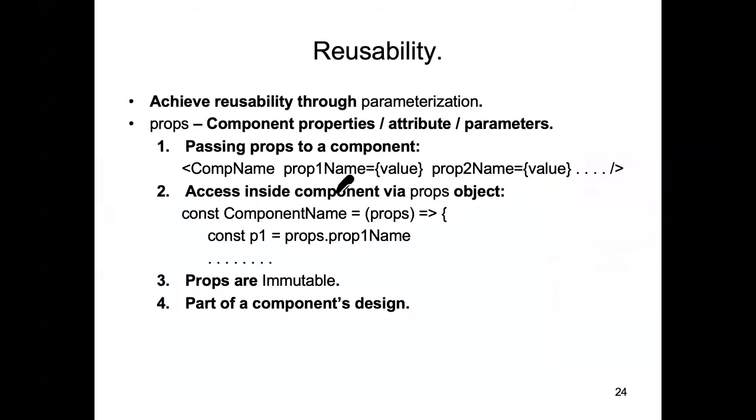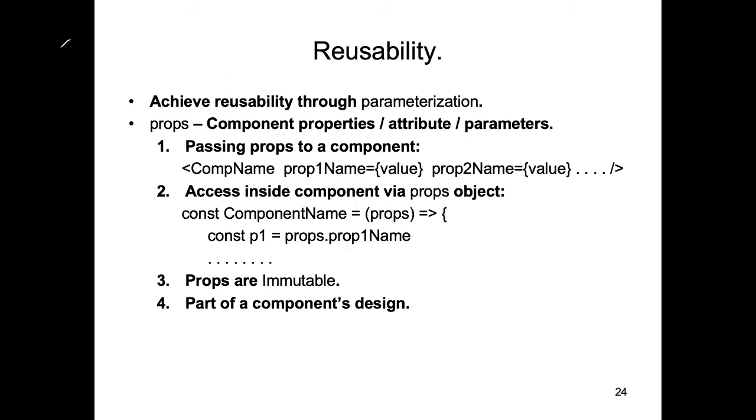So a component's props are properties or attributes or parameters that we pass into the component. And there's two things. A, how do we pass props or properties into a component, and B, how do we access those properties inside the component?